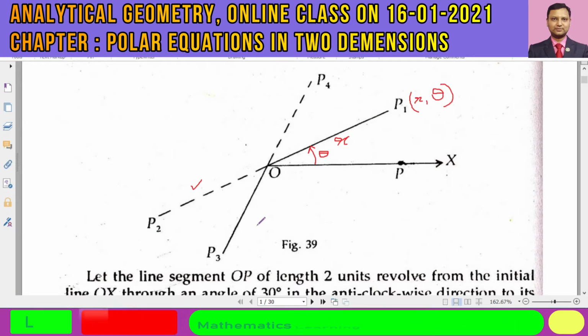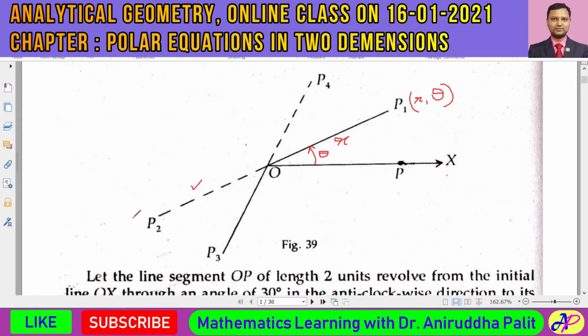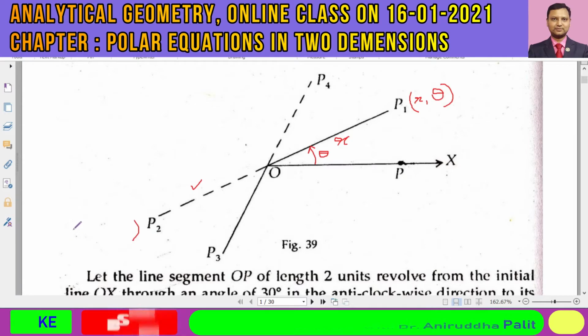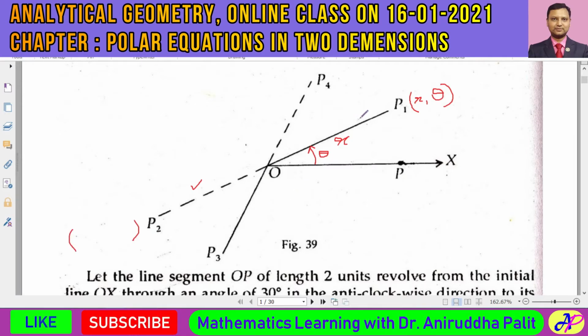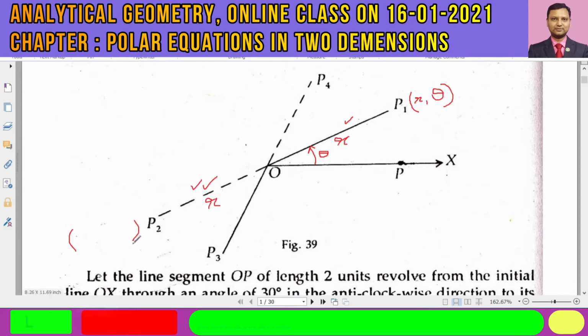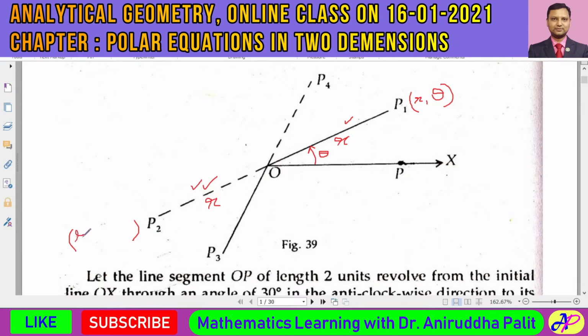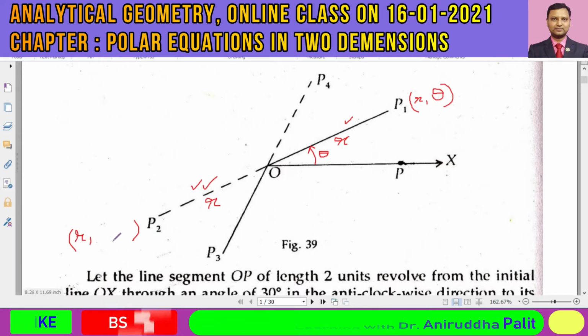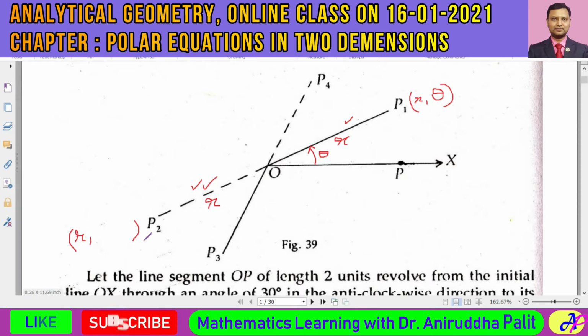Okay, then what would be the correct coordinates of the point P? You see, if these two distances are the same, suppose this distance is also equal to r, in that case the radius vector would be equal to r. The difference would be just in the vectorial angle.